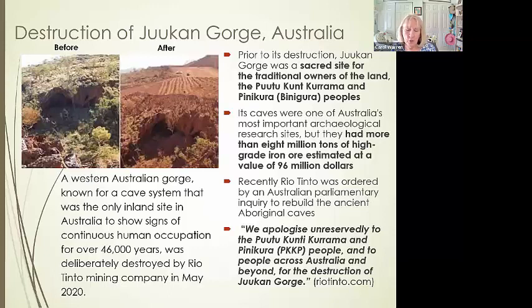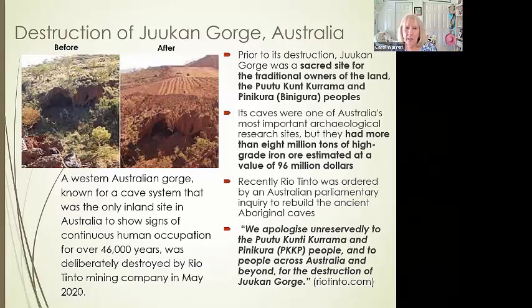It was deliberately destroyed by the Rio Tinto mining company just a year ago. Now, the caves were a sacred site, of course, for the traditional Aboriginal owners of the land. They don't own it anymore. The caves were seen as one of Australia's most significant archaeological research sites, but unfortunately, they had more than 8 million tons of high-grade iron ore in them.